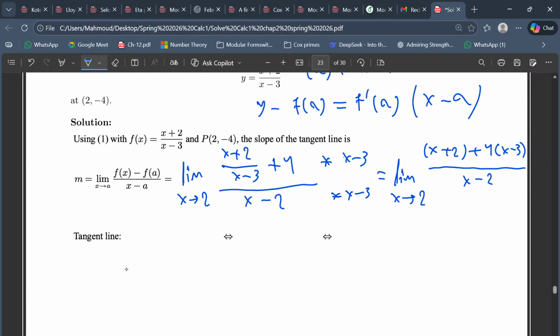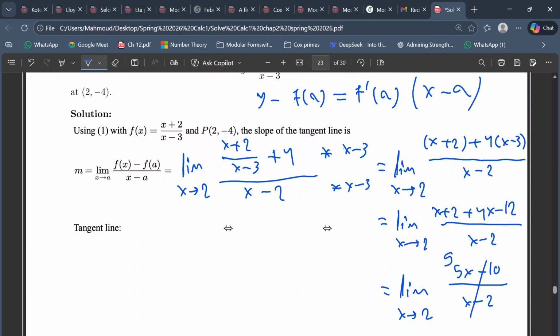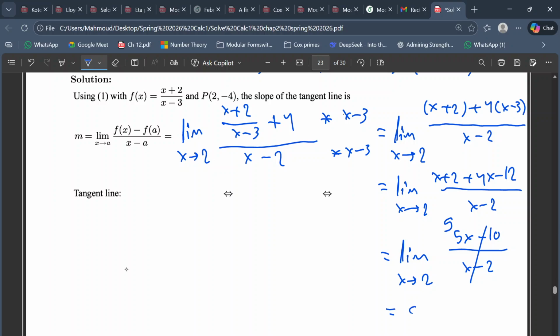Good. Limit as x goes to 2. Now you have x plus 2 plus 4x minus 12, over x minus 2. This equals what? Limit as x goes to 2, 5x minus 10, right? Over x minus 2. When you cancel, what do you get? 5. So the answer here is 5.